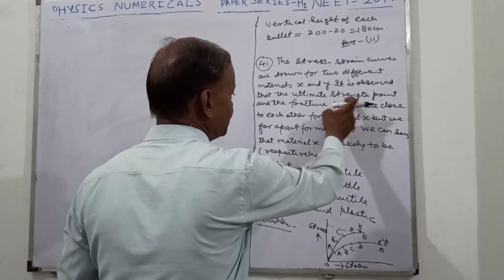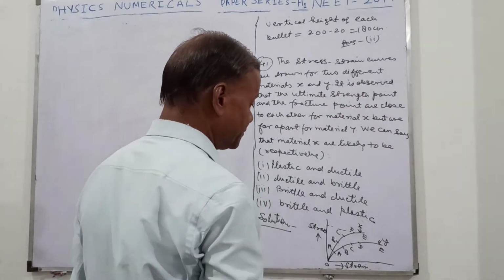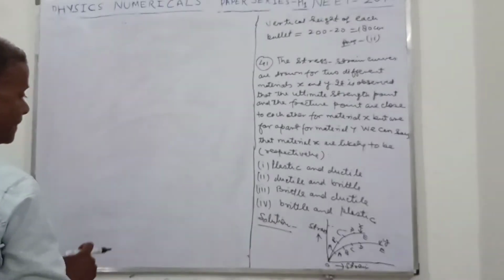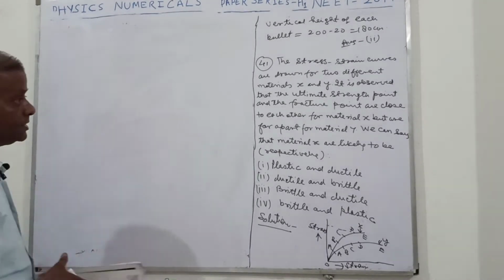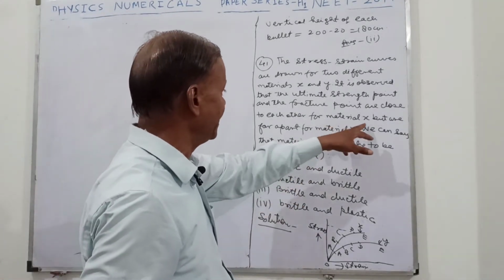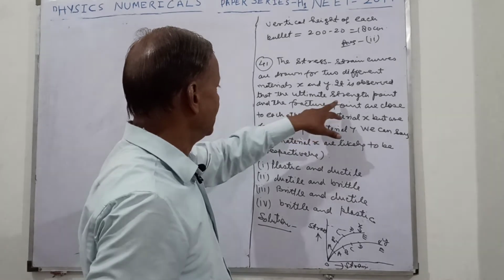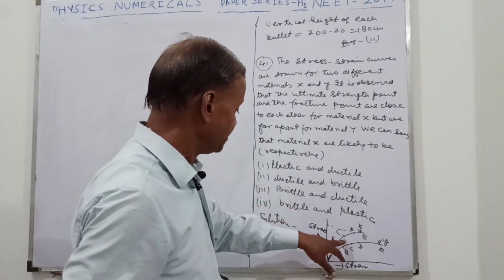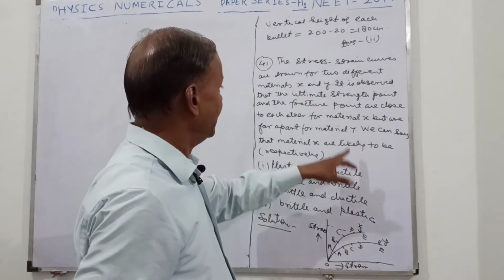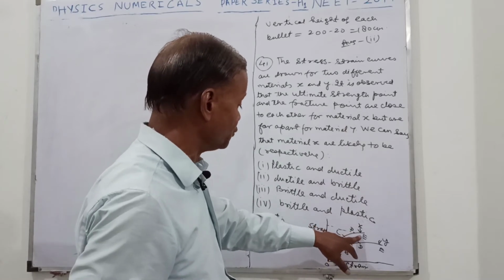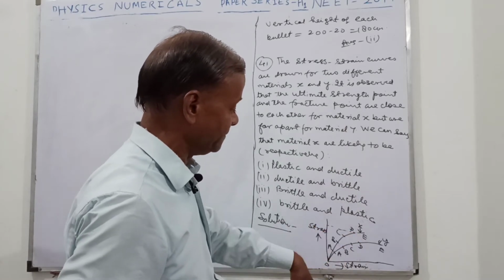So for X, the ultimate strength point D and the fracture point E are close, so they are near to each other.